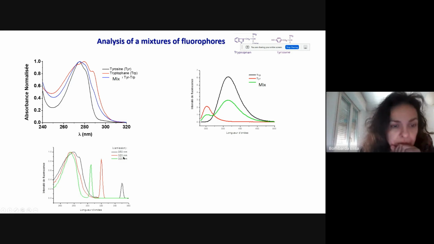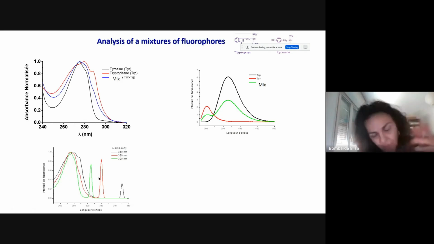If I am in between, of course, I see something in between. So in this case, both fluorophores contribute to the fluorescence at 320. So this is how, with the excitation spectra, we can actually separate the contributions.